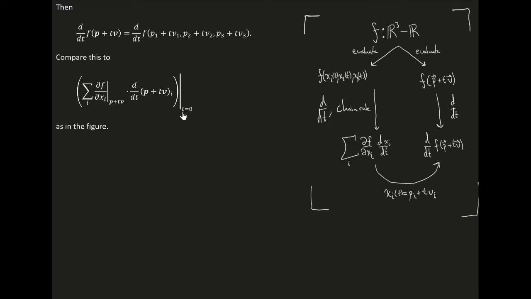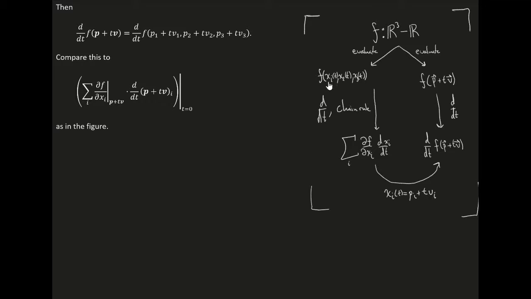So we follow this whole relationship in the schematic to the right. We're starting with a function f, which takes points in R3 and maps them to real numbers. Firstly, we will evaluate the function f at an unknown point. We'll just write it as x1 of t, x2 of t, x3 of t. So these are each different functions of t.